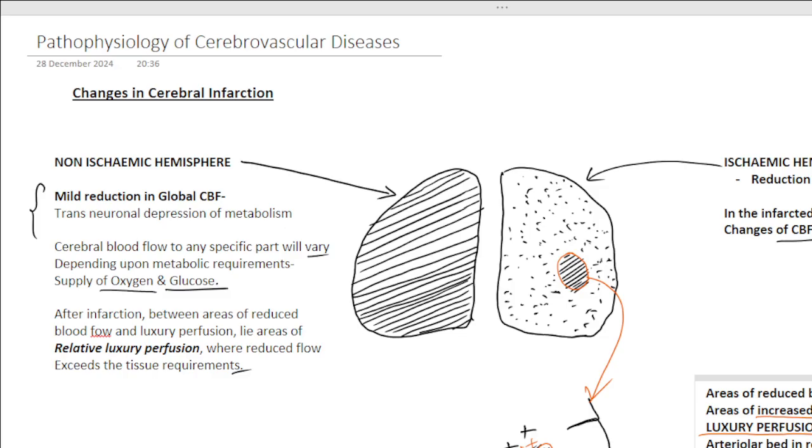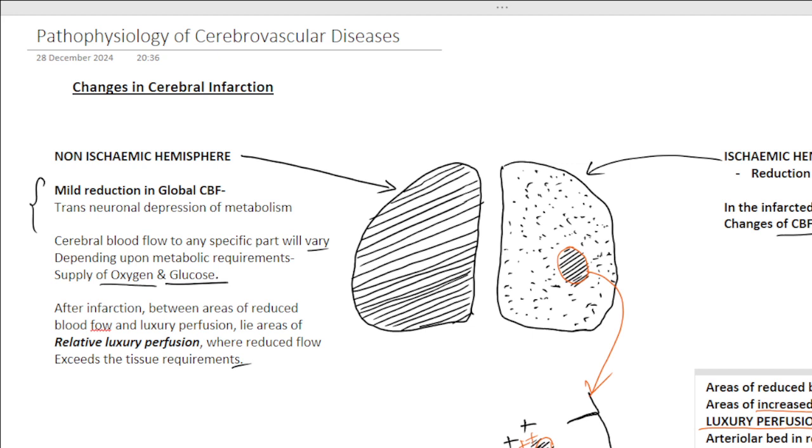Okay, so there is data. I'm just writing. Suppose the flow of 28 ml per minute per 100 gram is not happening. Okay, flow of 28 ml per minute per 100 gram is not happening. It's getting less than that.